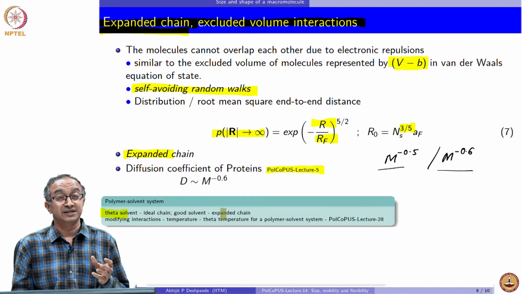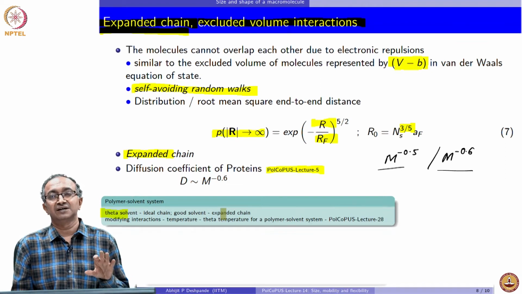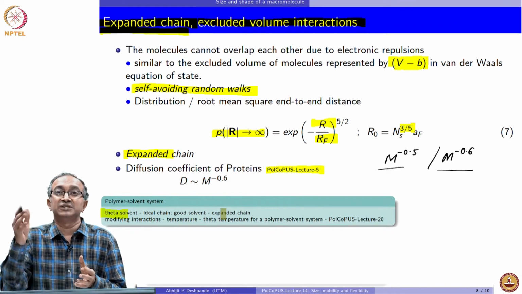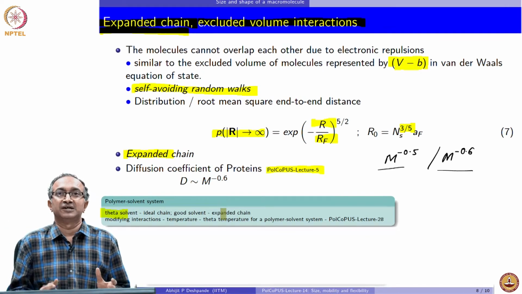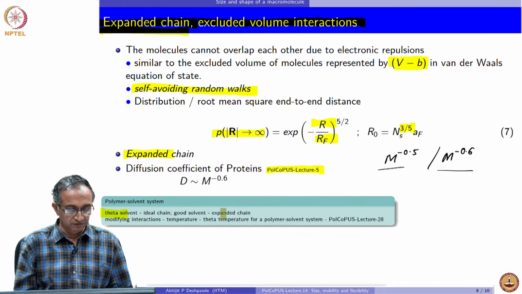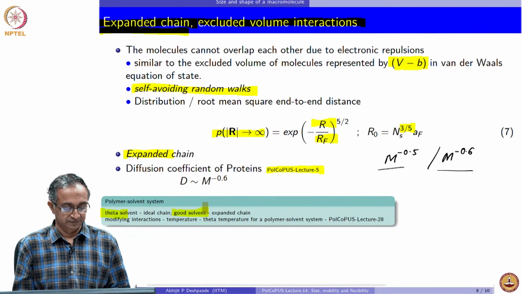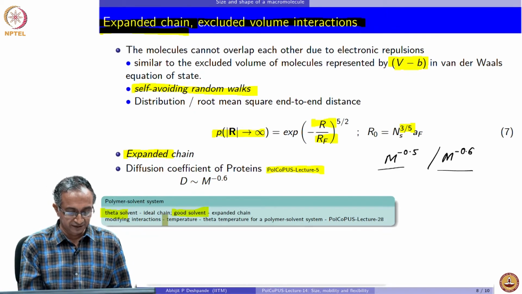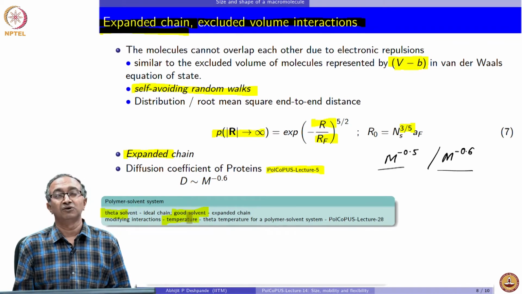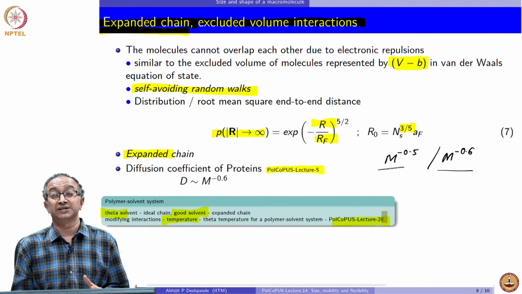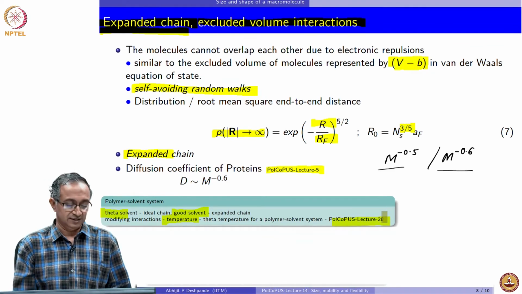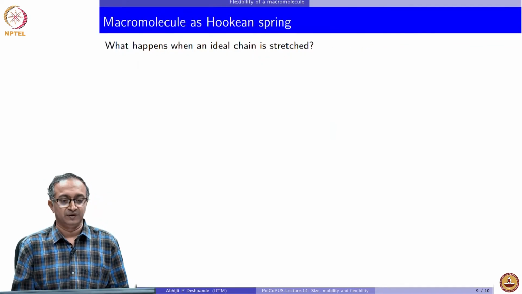This can be done by changing either the polymer and solvent system, or, for a given polymer solvent system, by changing the temperature, which lets us manipulate the interactions. So we can have a theta solvent or a good solvent. In a future lecture, we will take a closer look at some of these ideas.